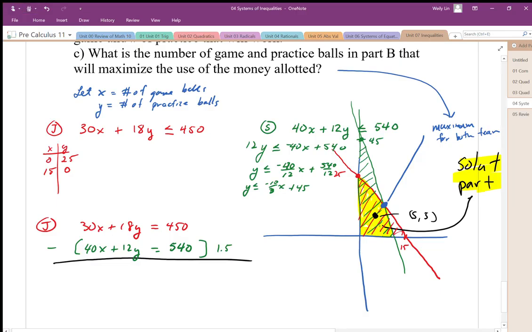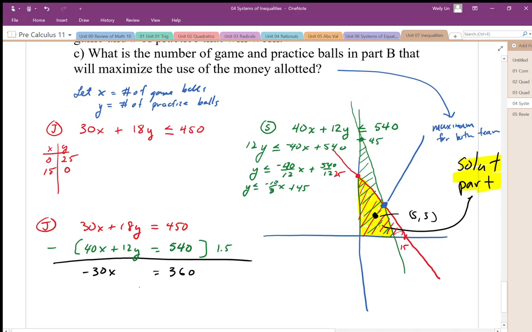So I'm going to end up with 30 minus 40 times 1.5, which is 60, so that's negative 30x. 18 minus 18 is 0y. Then 450 minus 540 times 1.5. I'm going to do that on my calculator. 540 times 1.5 is 810, so I go 450 minus 810, and I get negative $360 there.